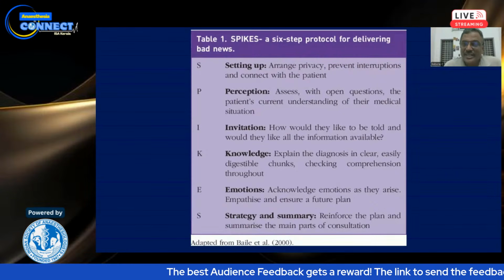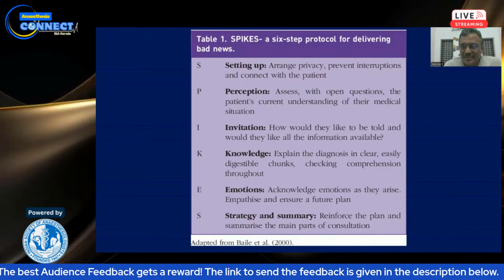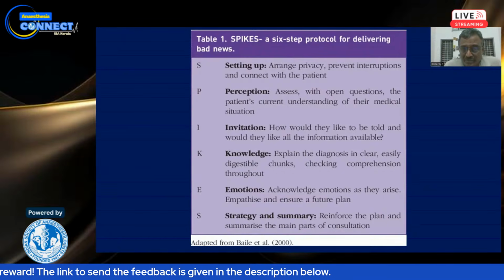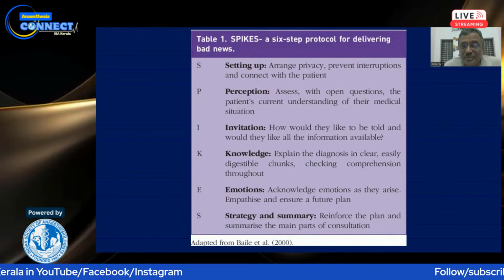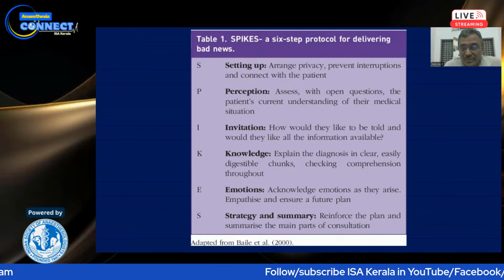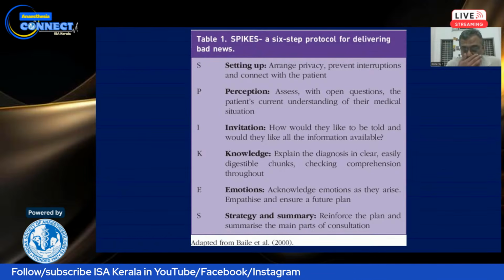S stands for setting up of conversation, where you are ensuring and arranging privacy. P stands for perception, where you are assessing the patient's current understanding of their medical situation. I stands for invitation, where you are inviting or getting permission from the patient to deliver the bad news.